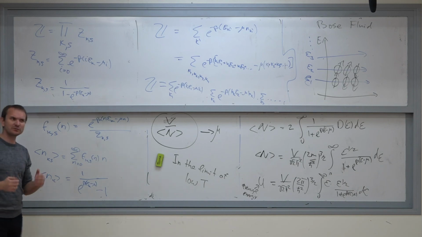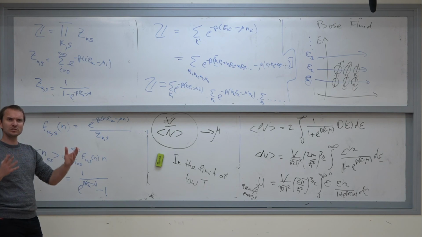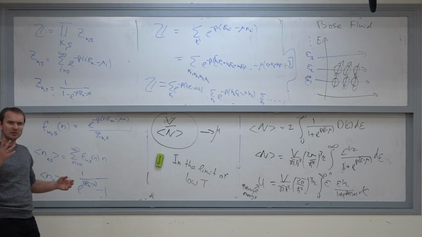So what is friction? Friction is when you lose energy to the environment. You have a fluctuation, you increase your own energy, and then you lose some of your energy to the environment. This is friction.